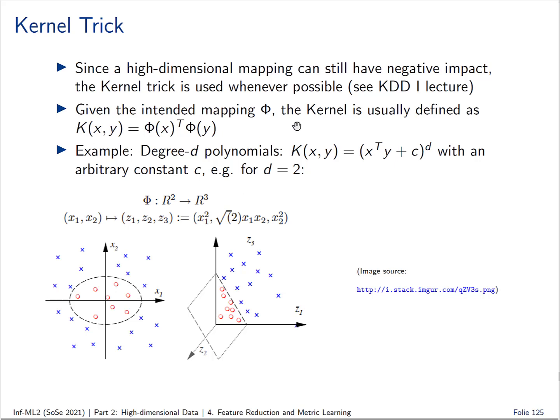Then the so-called kernel is defined as the dot product of the mapped features. So the kernel between two observations is the dot product of the two observations mapped to the new feature space.